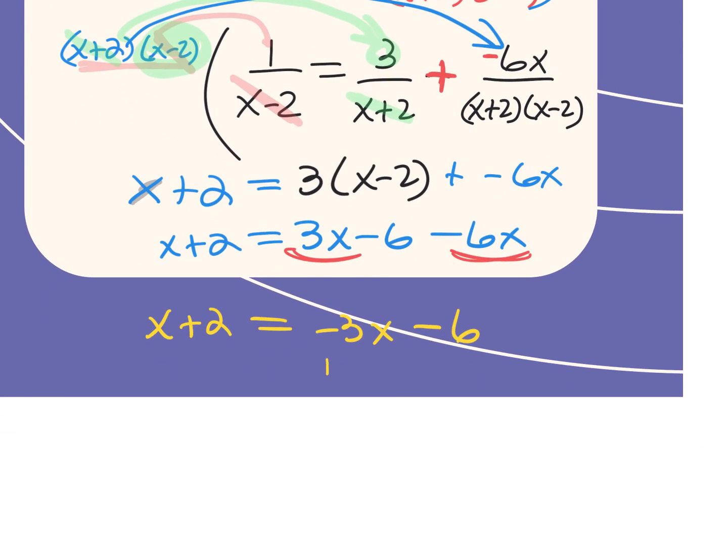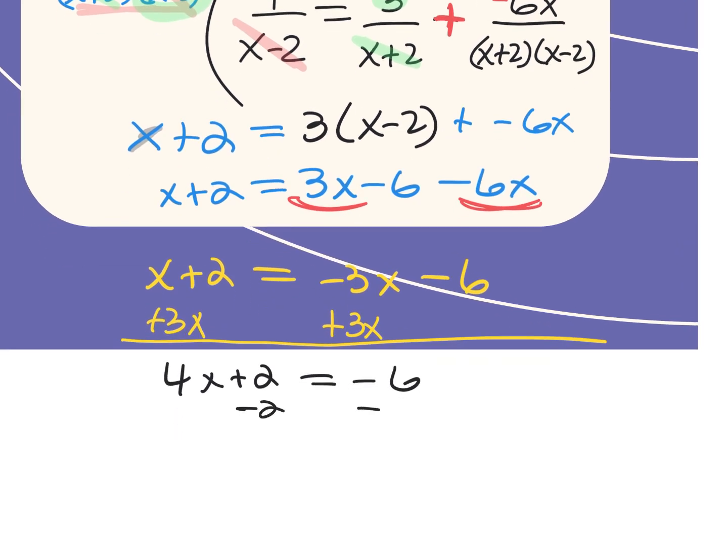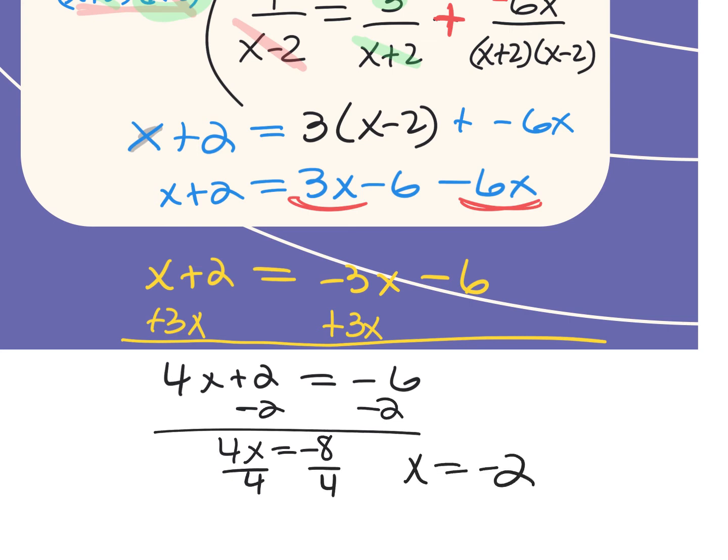I'm going to move my 3x. And now I'm left with 4x plus 2 equals negative 6. Going to subtract the 2. 4x equals negative 8. Divide by 4. And x equals negative 2.